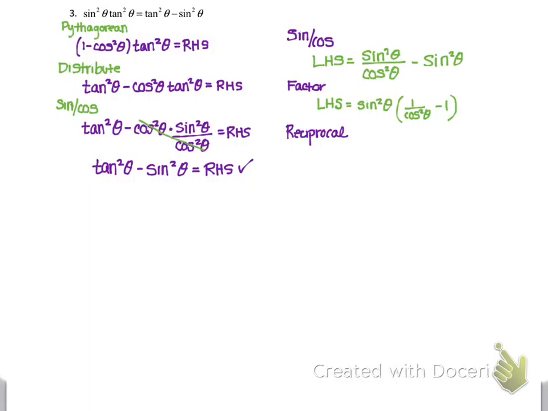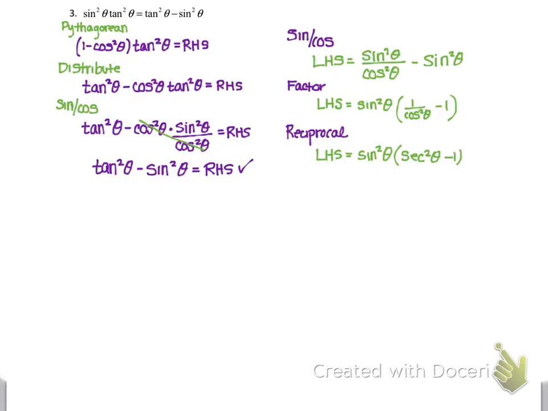The next step is to take the reciprocal. So I have my left-hand side equal to sine squared theta times, but 1 over cosine is secant. So I have secant squared minus 1.